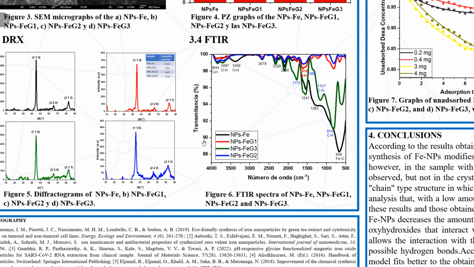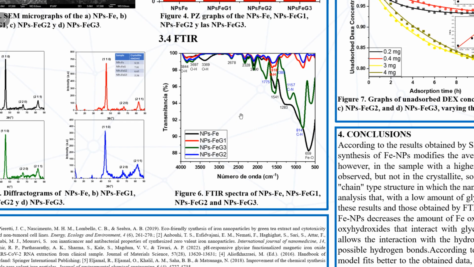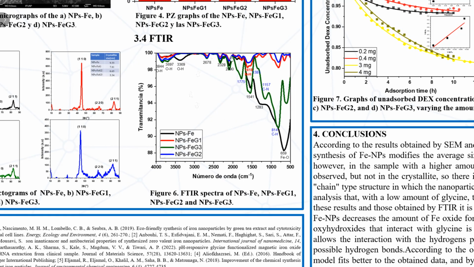And now for the FTIR spectroscopy results, we can see this in figure 6. This figure shows the FTIR spectra of stabilized and non-stabilized iron nanoparticles.